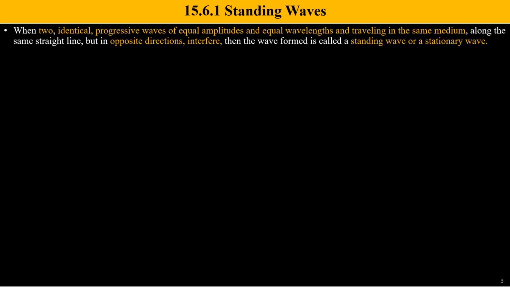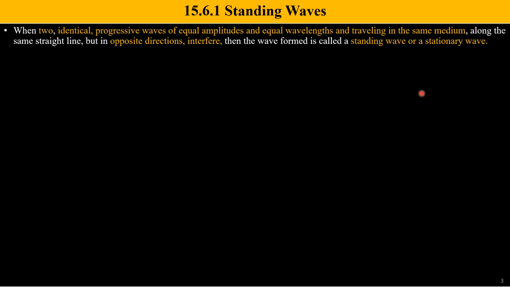Hence, when two identical progressive waves of equal amplitudes and equal wavelengths traveling in the same medium along the same straight line but in opposite directions interfere, the waveform is called a standing wave or a stationary wave.